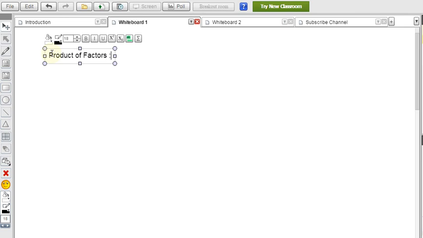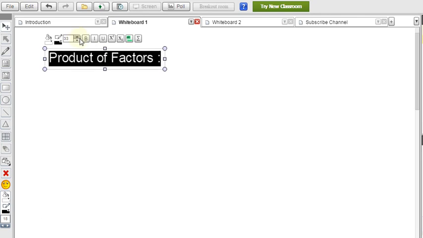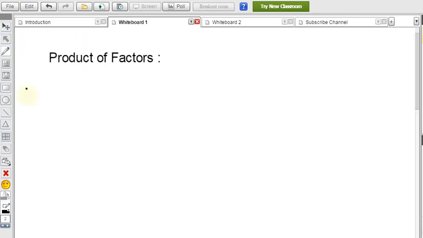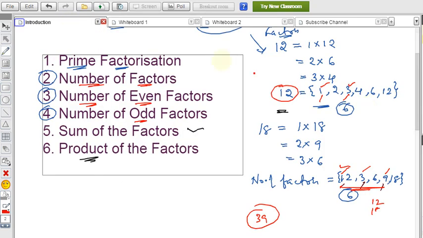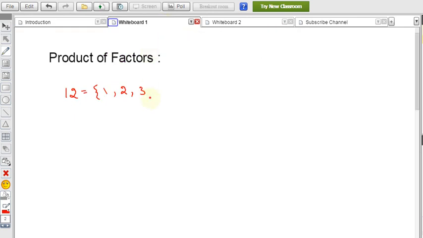Product of factors of a given number. So let us take that number as 12 before. Taking 12, the factors are 1, 2, 3, and we got 4, 6, 12. 1, 2, 3, 4, 6, 12 are the factors of 12.